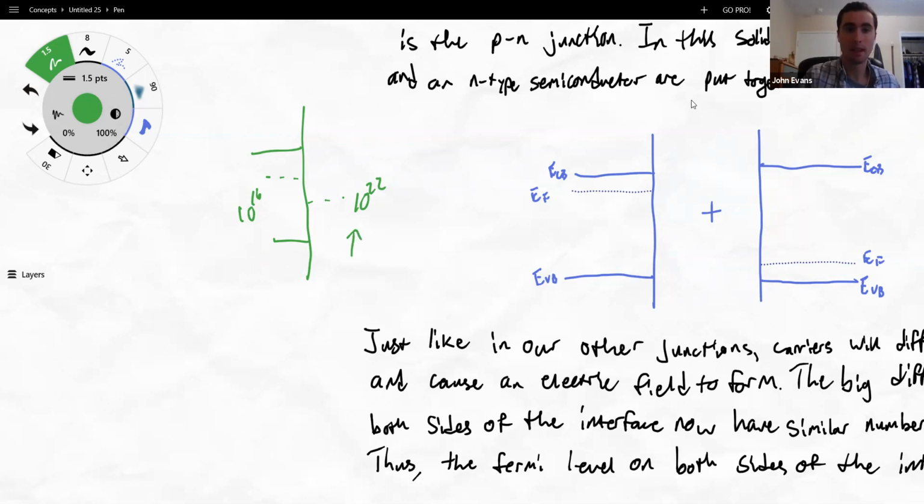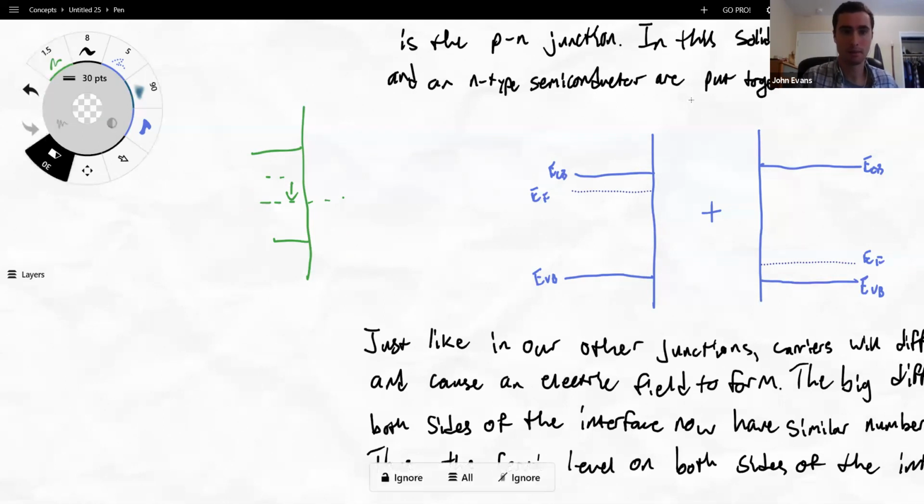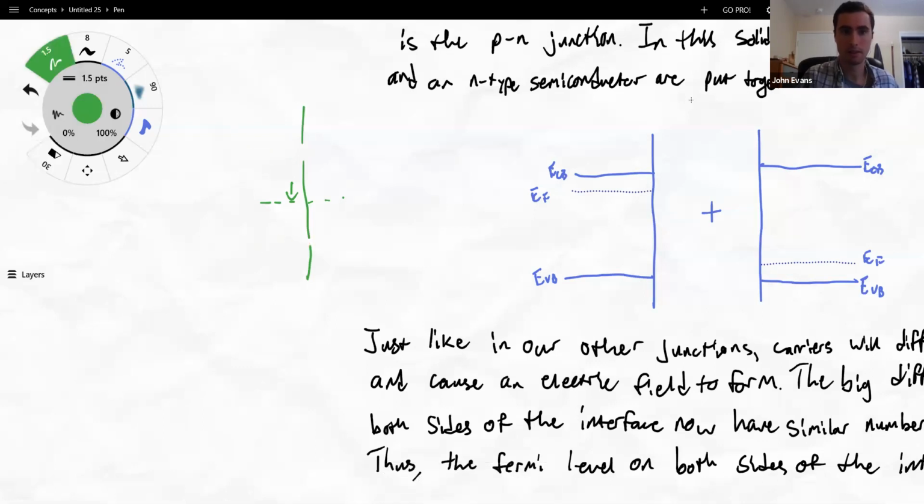So what that means is that the only thing that really changes appreciably is the number of carriers on this side of our junction, which is why we say that, okay, this Fermi level over here basically doesn't change. The one that changes is this one. It comes down, and it causes the band bending to happen. Right, so the bands bend on this side of the junction, where nothing really happens over here.